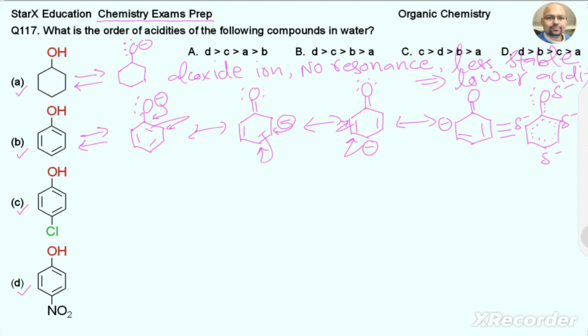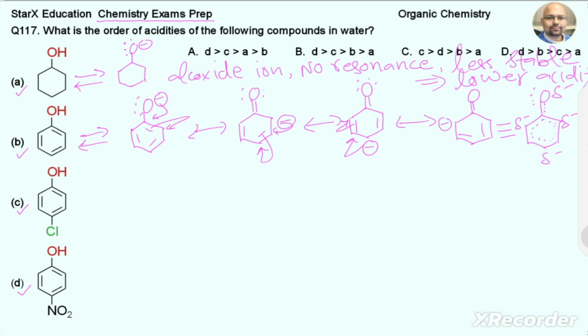So we can see how the negative charge has been delocalized over the entirety of the molecule. This resonance delocalization of the negative charge is what stabilizes the conjugate base phenoxide ion, and that's the reason that phenols are more acidic than regular alcohols. So we know now that out of A and B, B is more acidic than A.